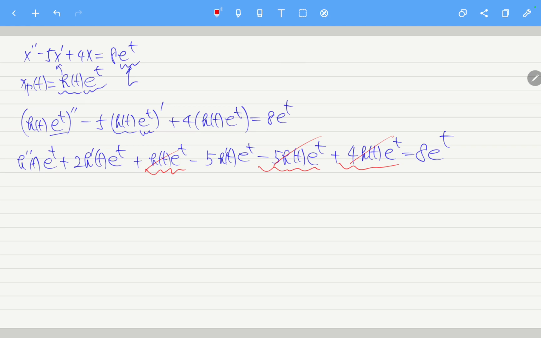Okay, so here we can also cancel e to the t. Maybe we can just divide by e to the t on both sides. So e to the t will cancel.